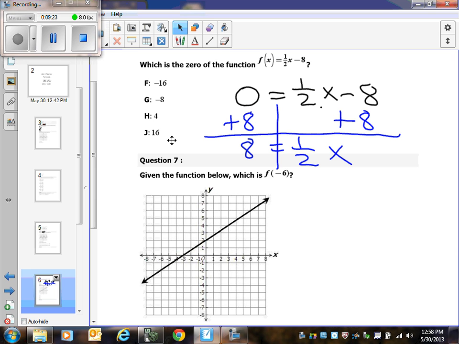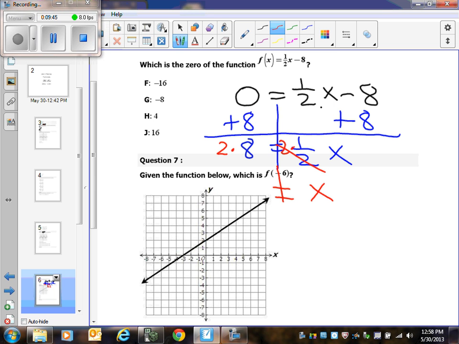But again, if you just want to do it algebraically, in order to get rid of our fraction, remember we multiply every term by our LCD, because the LCD is the great fraction buster. So we're going to multiply both sides by 2, or each term by 2. The 2's cancel, and you're left with 2 times 8, which is 16.